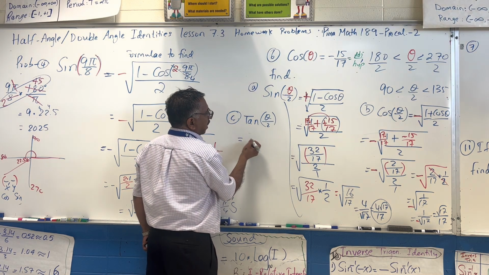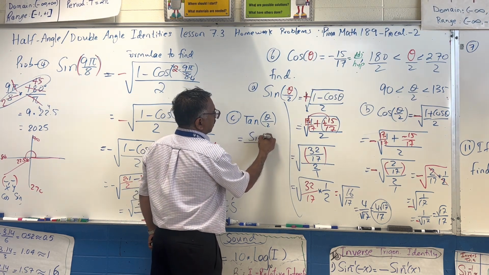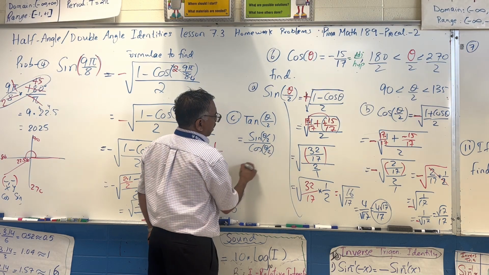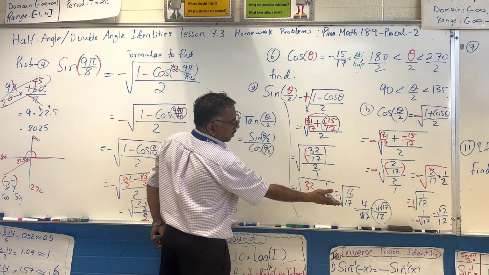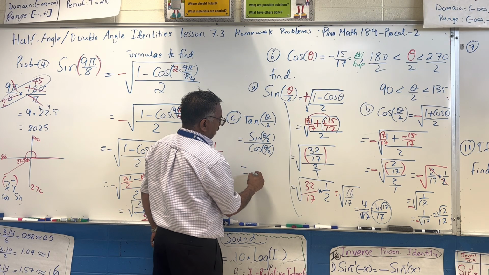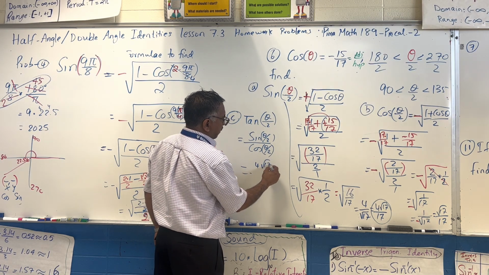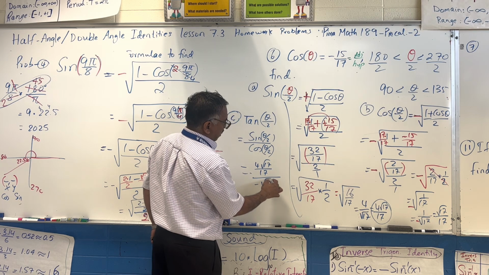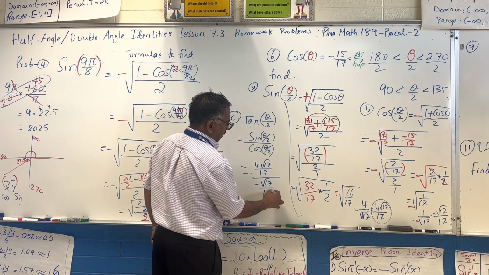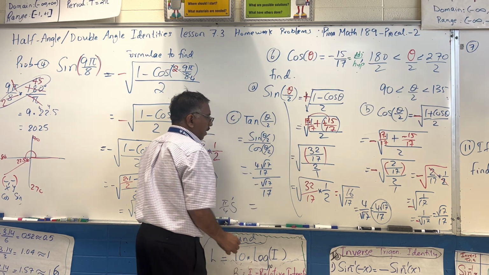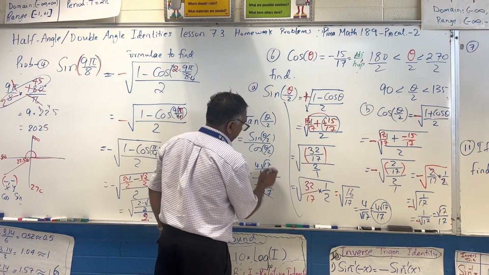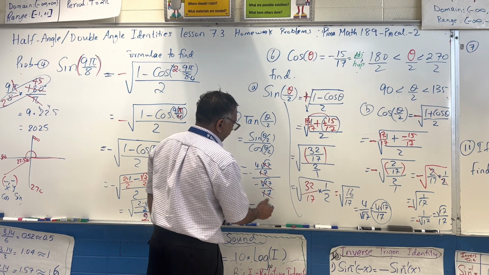You do the sine of theta by 2 over cosine of theta by 2. Sine of theta by 2 is 4 square root of 17 over 17, and the other one is minus square root of 17 over 17, and this goes away, and you get the answer as minus 4.